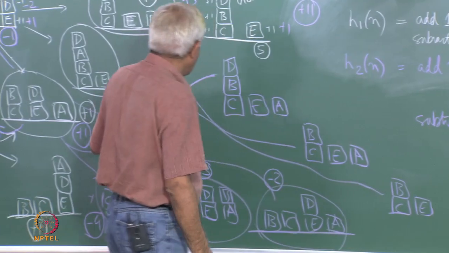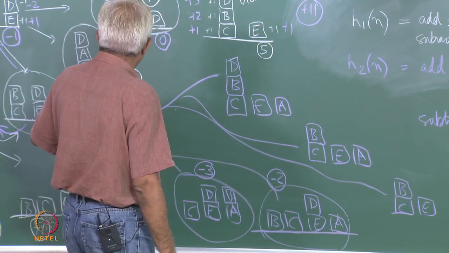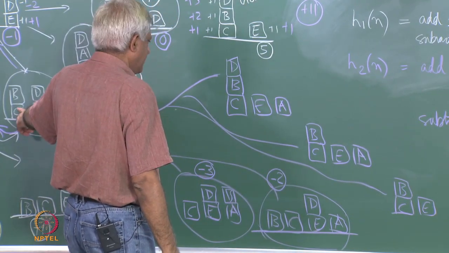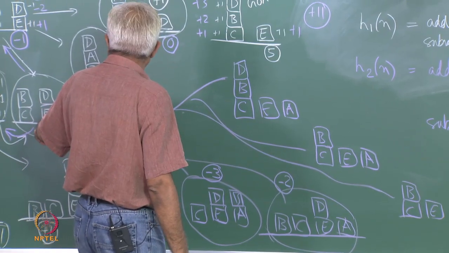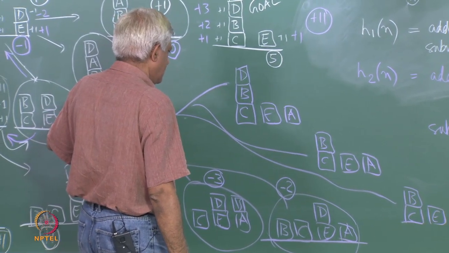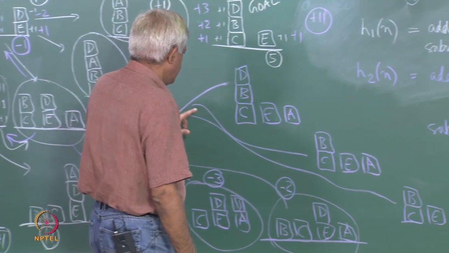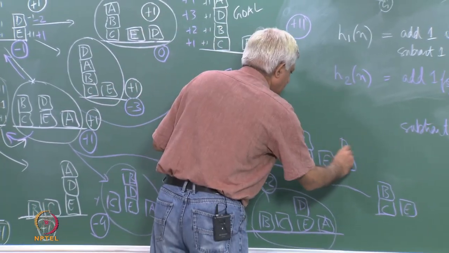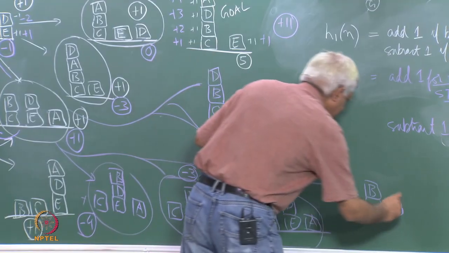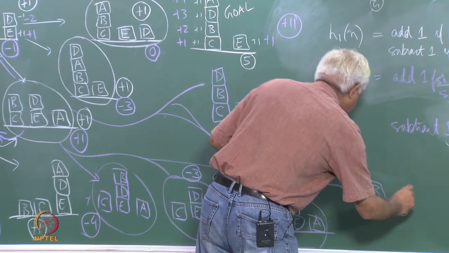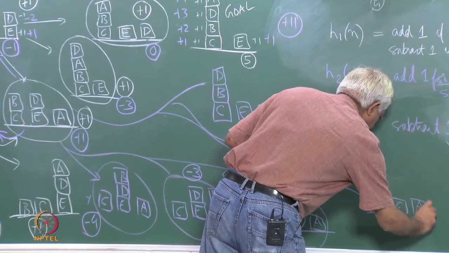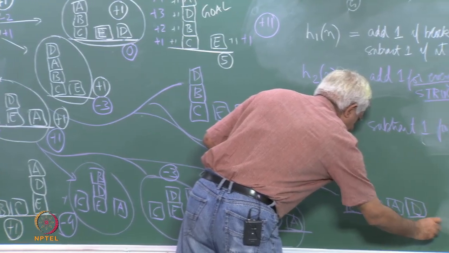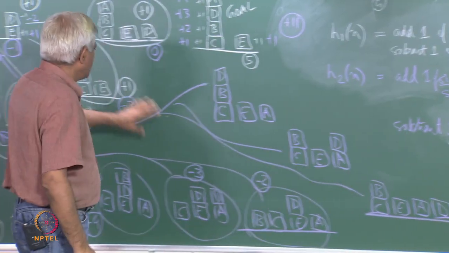Have I missed out on some block here? It is here B, C, D, E, A. Oh, yeah. So, these are the three possible D moves it can make.